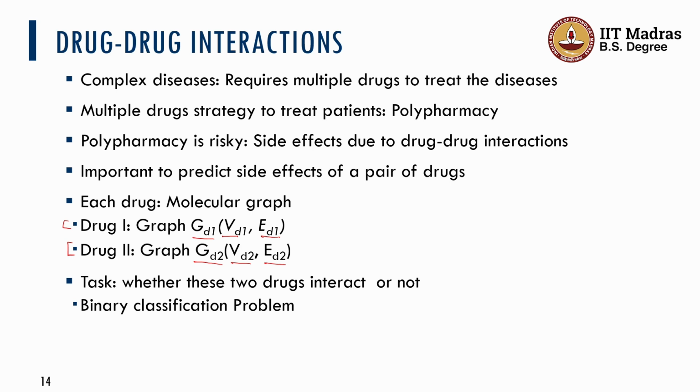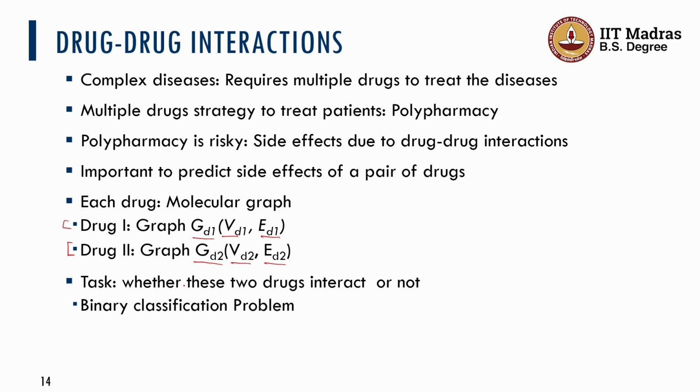In that case, you have a 3-class problem, or a 4-class problem if you include that they do not interact at all. However, for this particular lecture, we'll keep it as a 2-class problem. Remember that whether it is a 2-class problem or multi-class problem, the procedure is not going to change. Only the label is going to change.